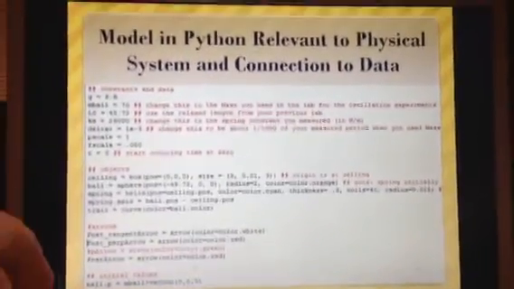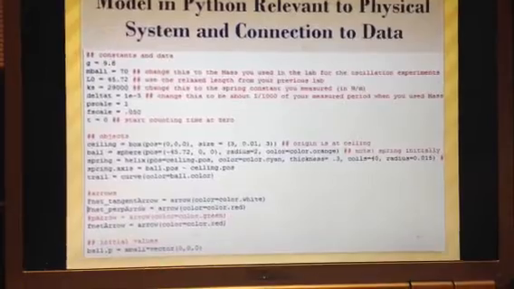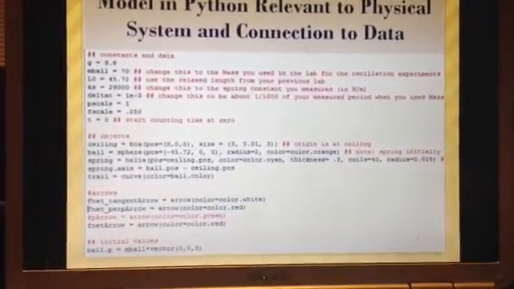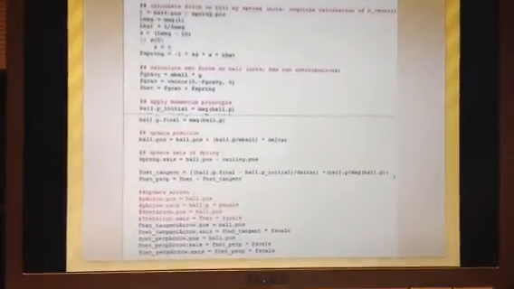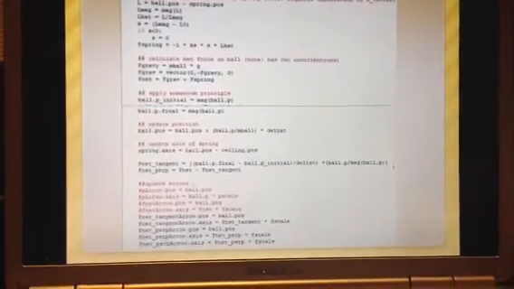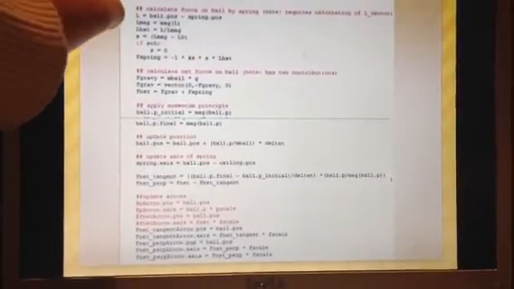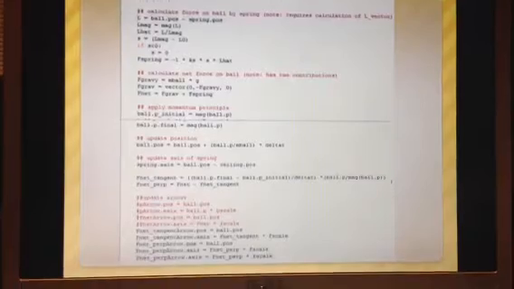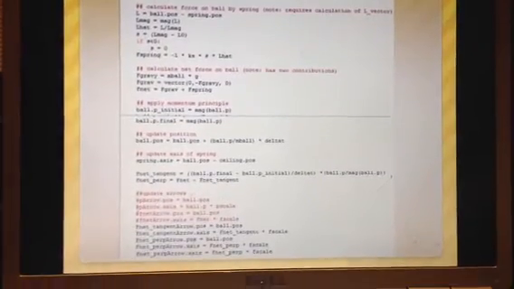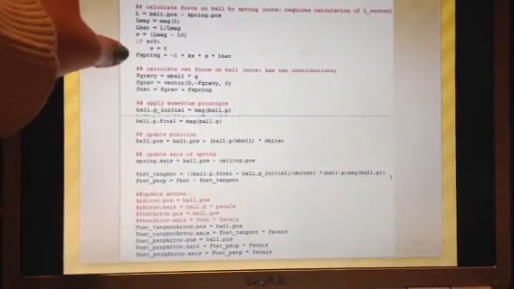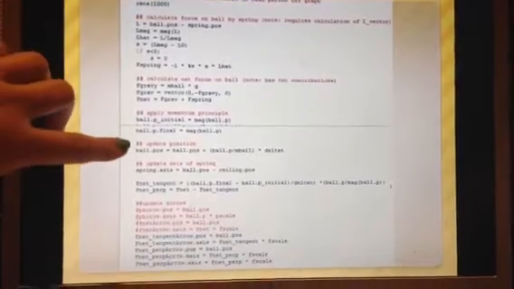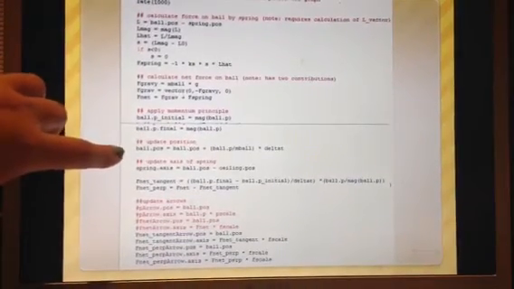Down here you see the ball's momentum is equal to 0 because the initial velocity is 0. So here's the calculations. Throughout this, you can see calculating L, the change of where the jumper is versus how long the rope is, things like that. The force of the spring we have here, and updating the position using the momentum principle.